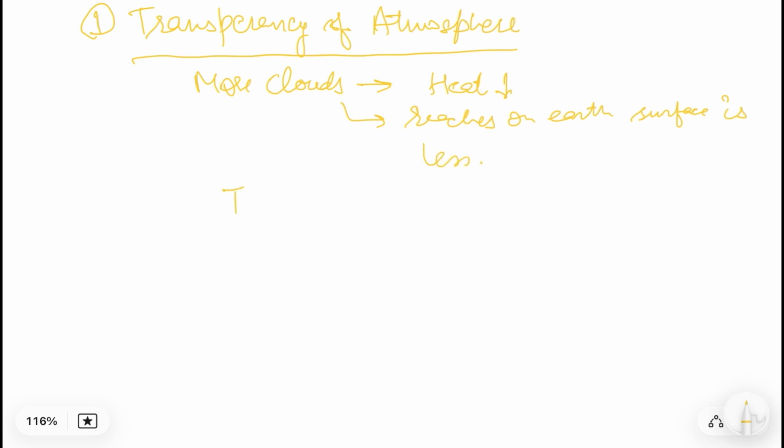As the transparency decreases, the heat reaching the earth's surface will also decrease because of the presence of clouds, since clouds absorb the incoming solar radiation.